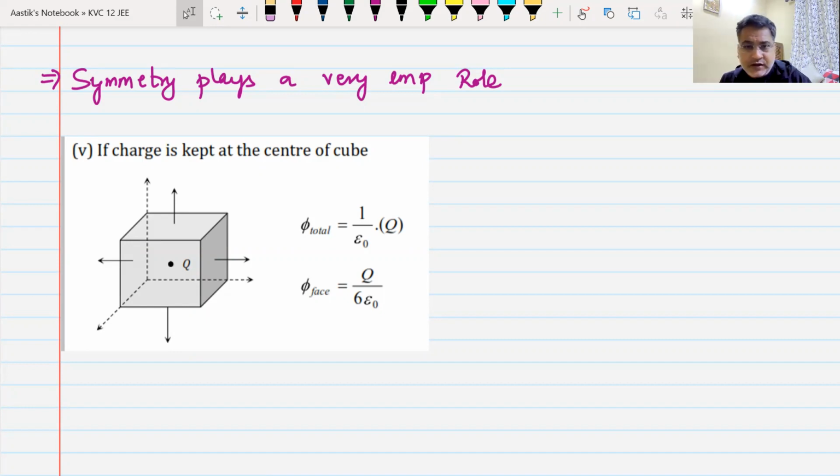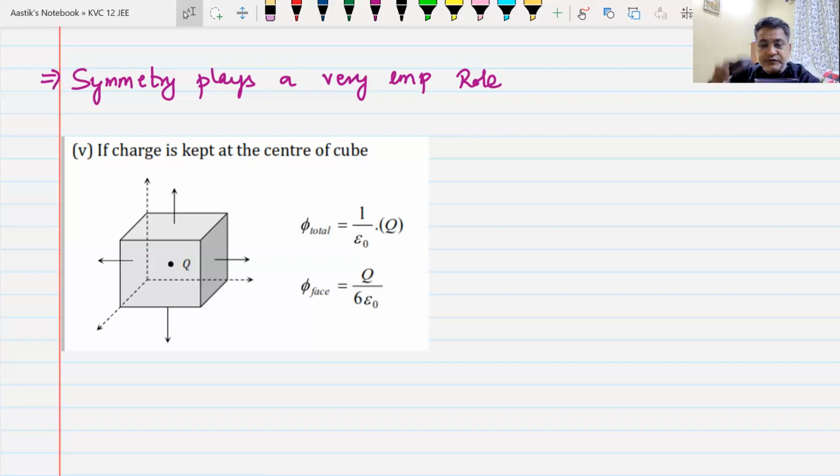Now, if you place a charge q at the center of a cube, the flux through the entire cube, because it is a closed surface, is going to be q by epsilon naught. We understand this? Yes, sir. Now, I don't have a cube, but I have this box, and this box has helped me a lot. This is a cube, and this is the charge at the exact center.